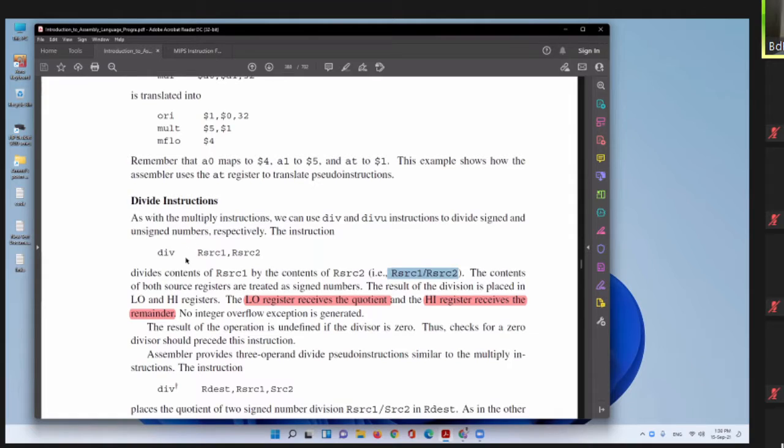We also don't have other registers to store these values. That's why we stored those two results into two registers. The quotient will be stored into the LO register, and the remainder will be stored into the HI register. That's how we do the division. And there will be no overflow happening.